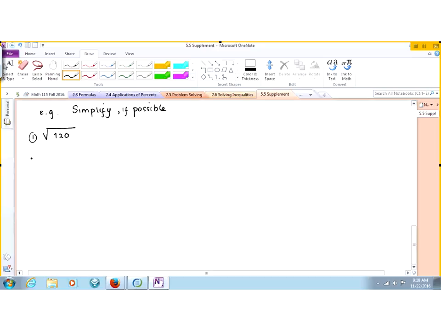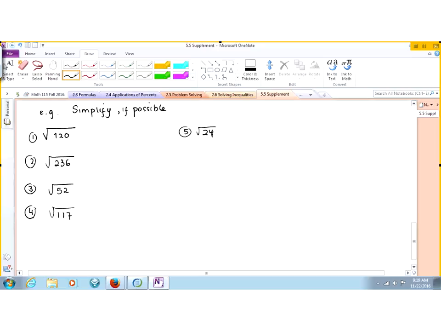Square root of 236? I'll just make it up. Square root of 52. Square root of 115. 117 probably. I don't know. Some of them cannot be simplified. And you could also simplify something small. Square root of 24.